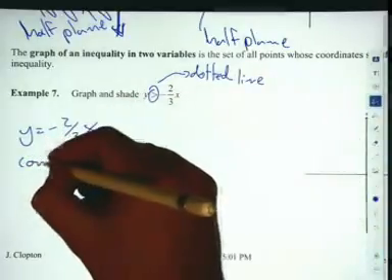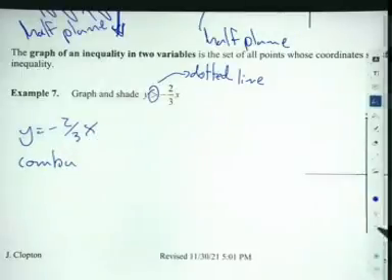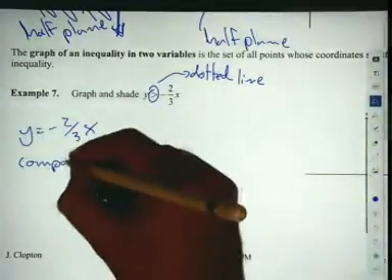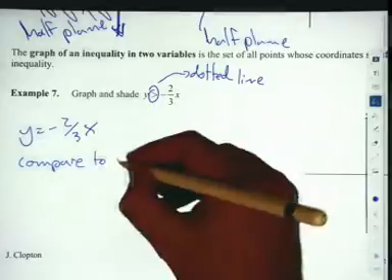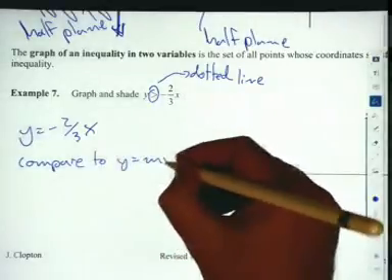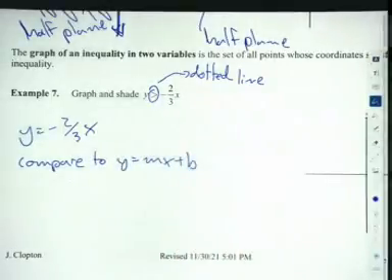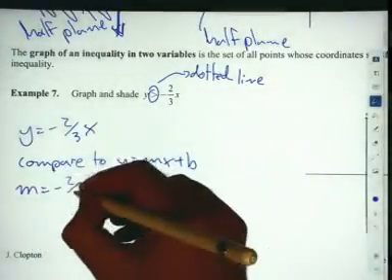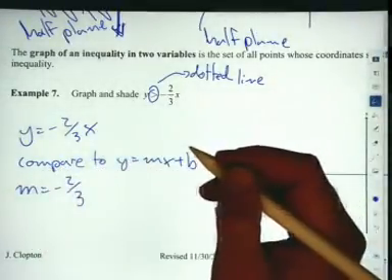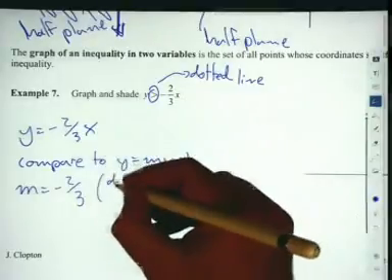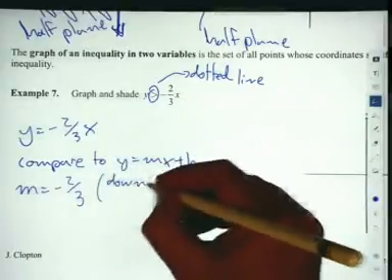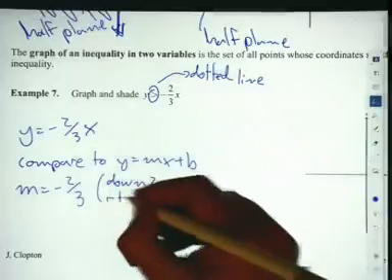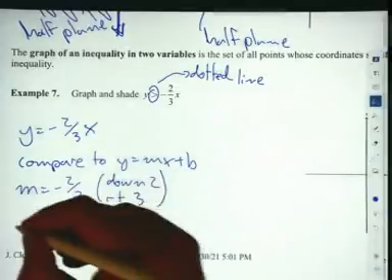We want to compare it to y is equal to mx plus b. So m is our slope, that's negative 2/3, which means we're going to go down 2 and to the right 3.